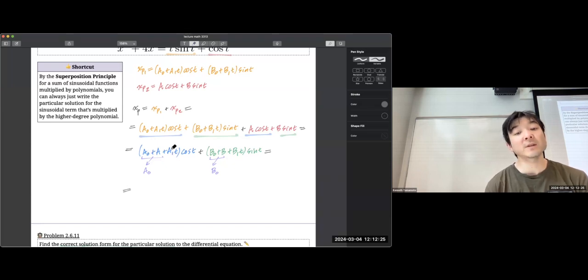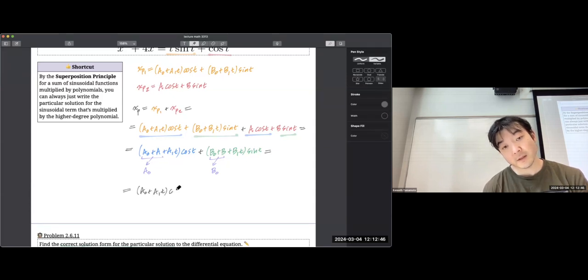This one you can't, because A1t and B1t are attached to the t, so you can't absorb them into the other two. So you're left with just A naught, because once you redefine that, it becomes this cosine of t plus B naught plus B1t sine of t.